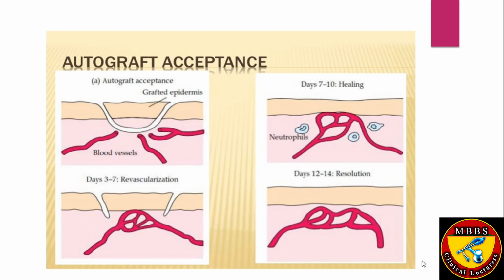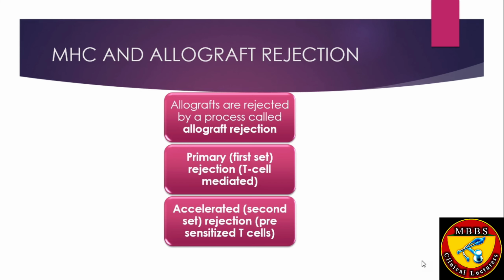The revascularization in picture A will move to the process of resolution, anastomosis between the microvessels starts taking place, and finally a complete anastomotic region is developed with proper revascularization, and in this way an autograft is accepted very well by the body.